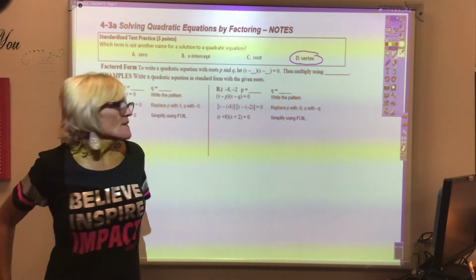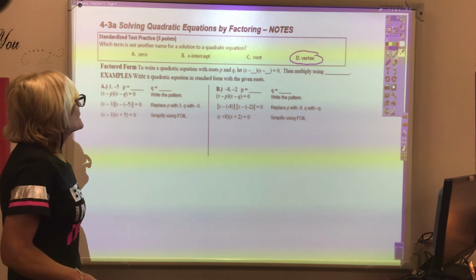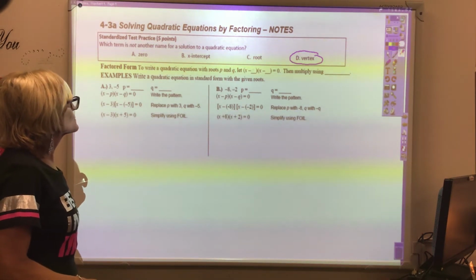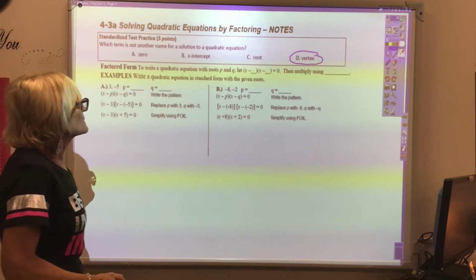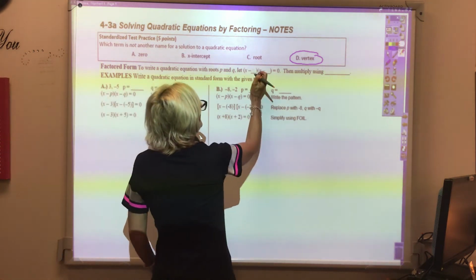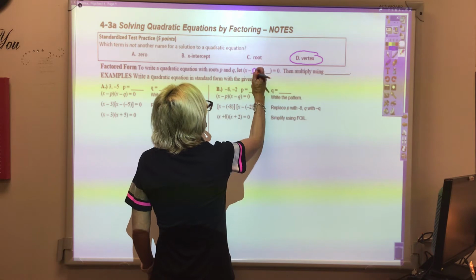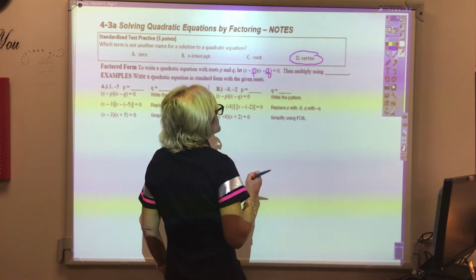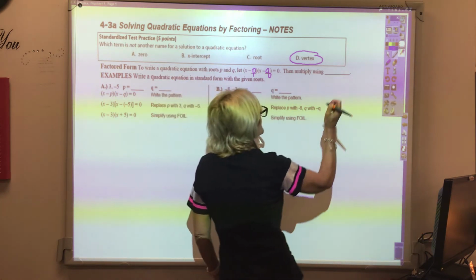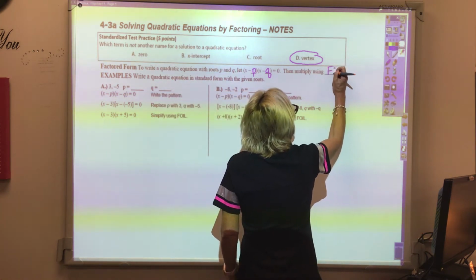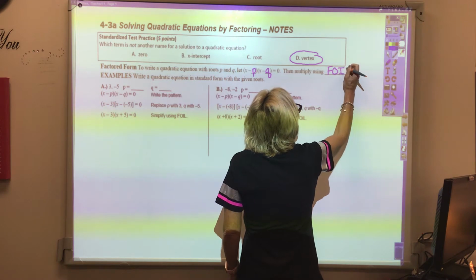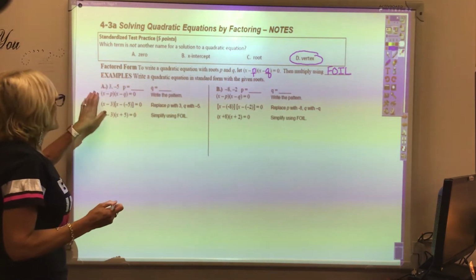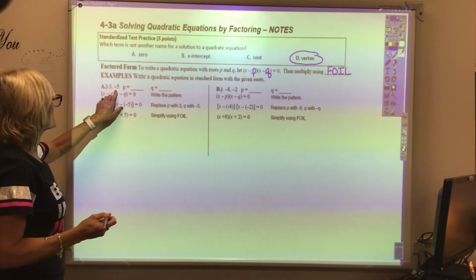Okay, factored form. To write a quadratic equation with roots p and q, let x minus p times x minus q equal 0, then multiply using FOIL. So for our examples, we have the numbers 3 and -5.